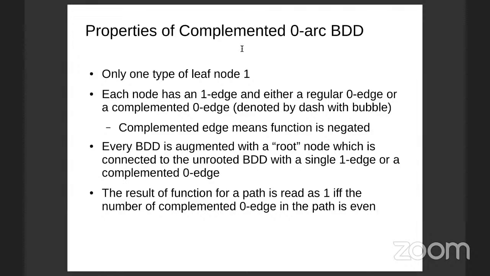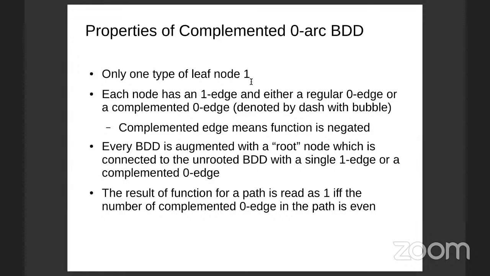Okay? So the zero arc BDD has only one type of leaf node, one. Normally in standard BDD, you have one as well as zero. And I'll show you an example.